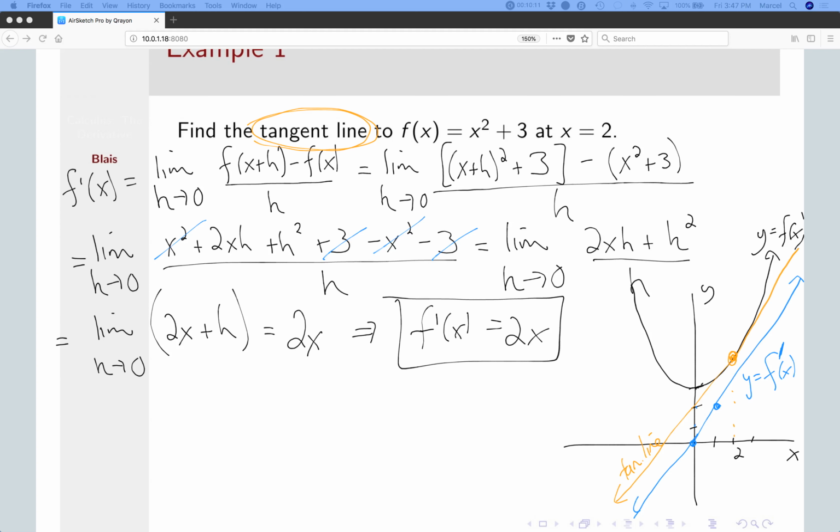And we know the slope of our tangent line. We use x equals 2. We plug that into the derivative. So the slope is going to be f prime of 2, which we see here is 2 times 2, or 4.